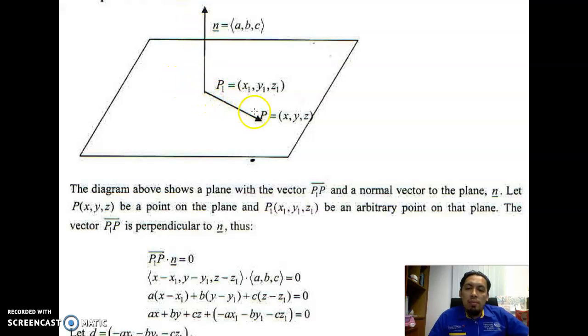The other one will be the vector that is lying on that plane. By using these two pieces of information, we should be able to find the equation.